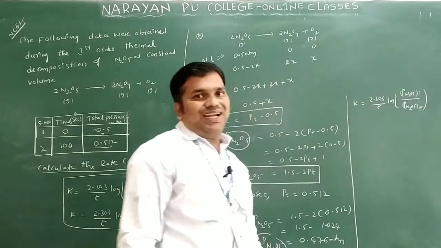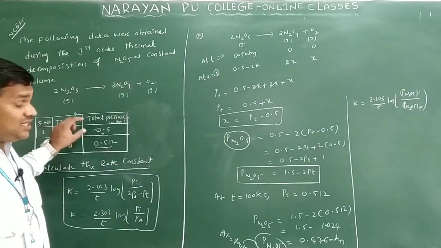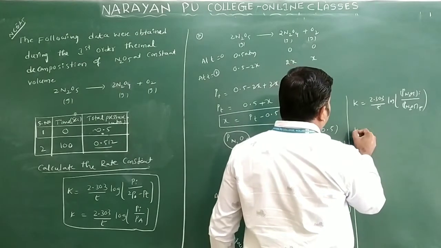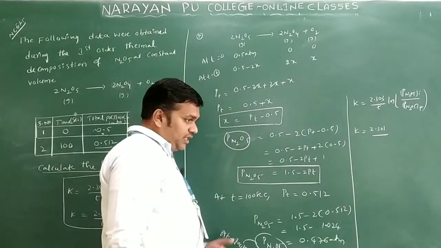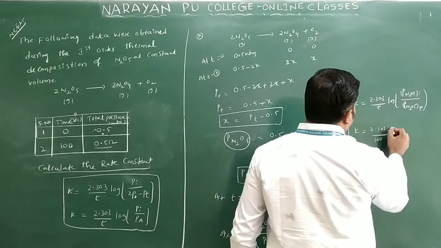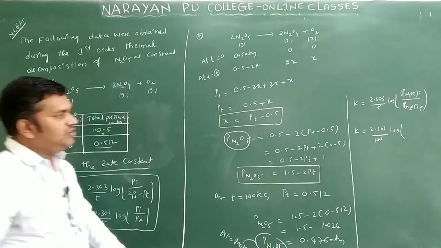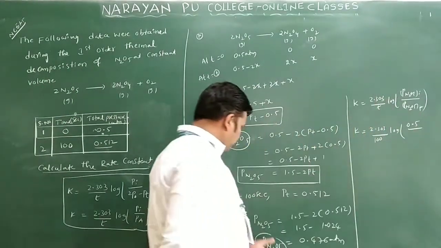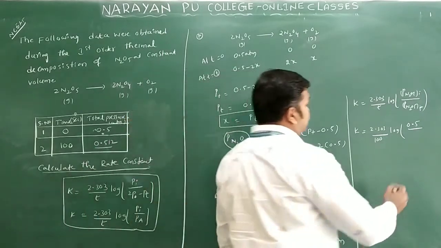Initial means at 0 seconds, and final at 100 seconds. So K is equal to 2.303 by 100 seconds into log of initial pressure 0.5, and the pressure you got at 100 seconds, 0.476.